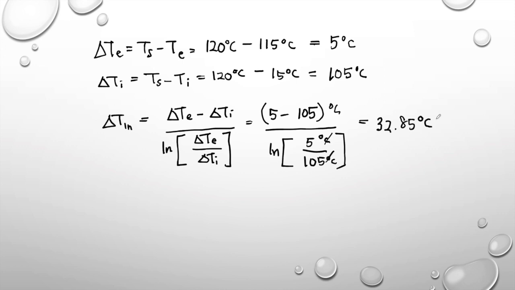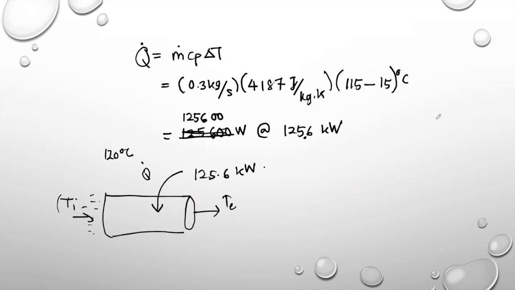Next, what we are going to do is equate the equation for Q, where Q is equal to m dot Cp delta T, which is equal to h As delta T log mean.